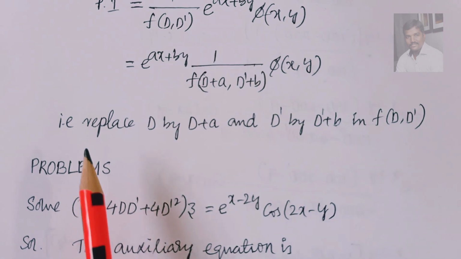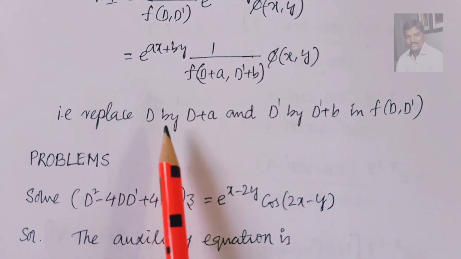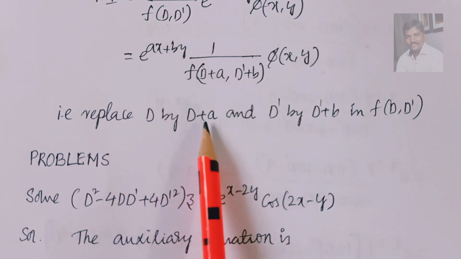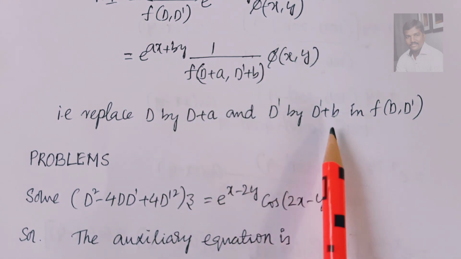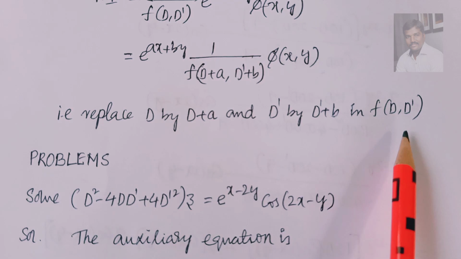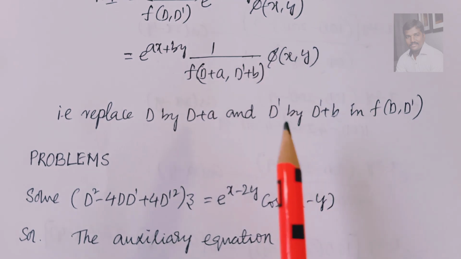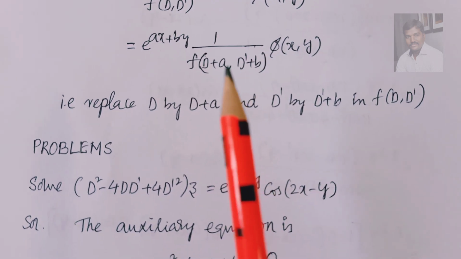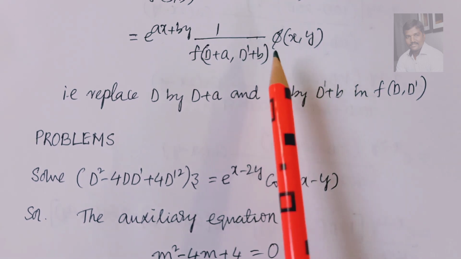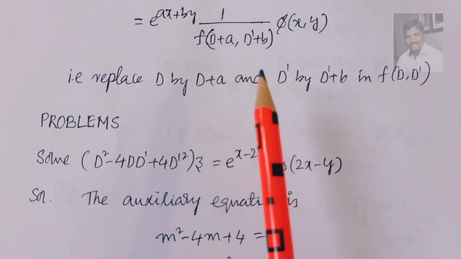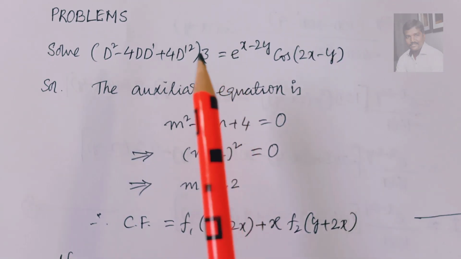This replacement is very important. Then we operate according to the rules, depending on the function phi of x comma y. Now let us take a look at a problem.